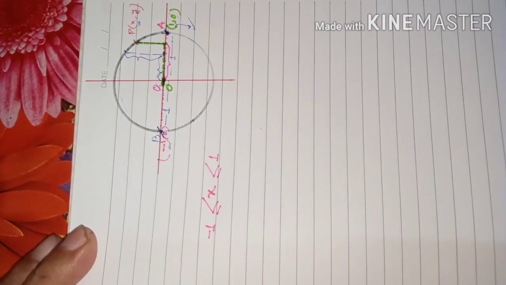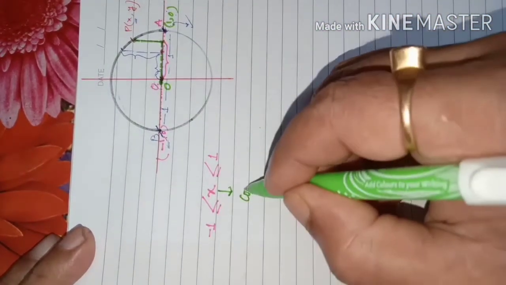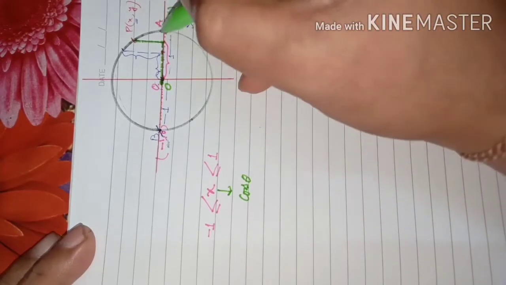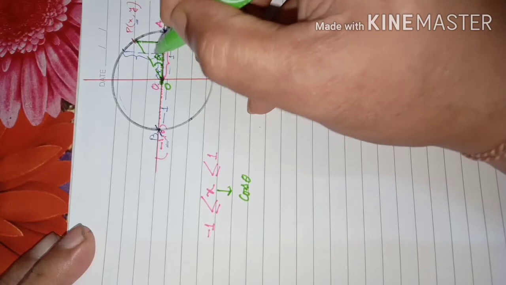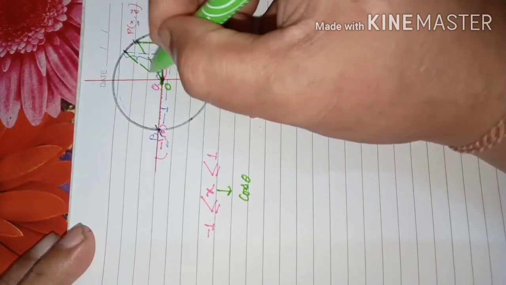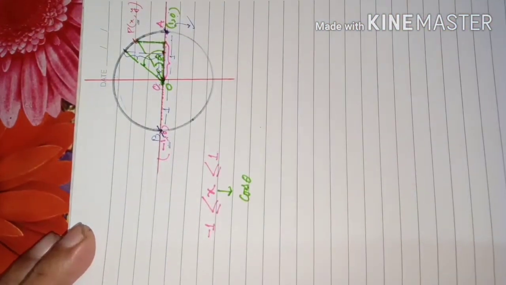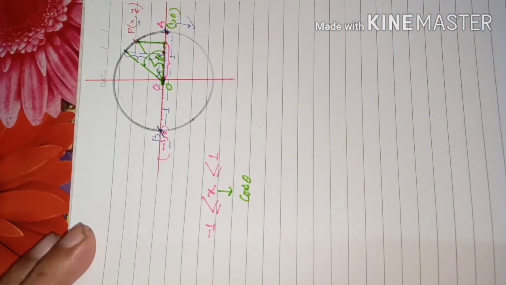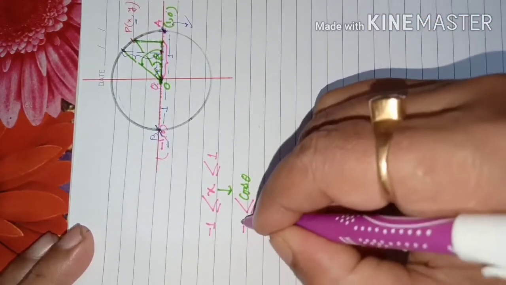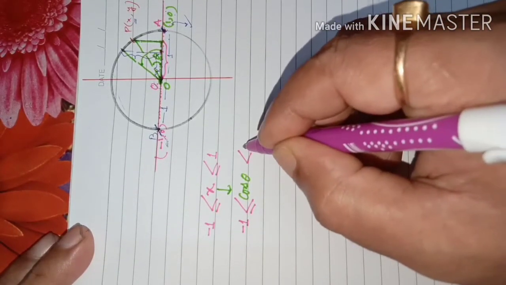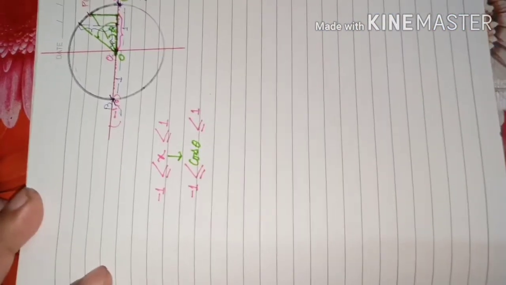X stands for cos theta, the cos of the angle subtended by the arc at the center. Suppose this angle is theta. So the value of cos theta will lie between minus 1 and plus 1.